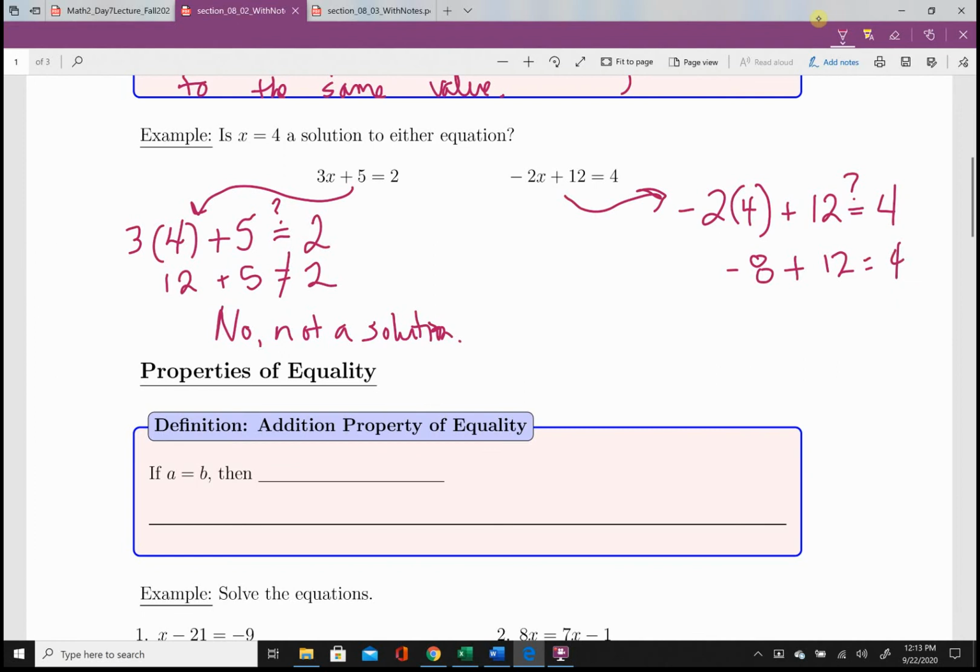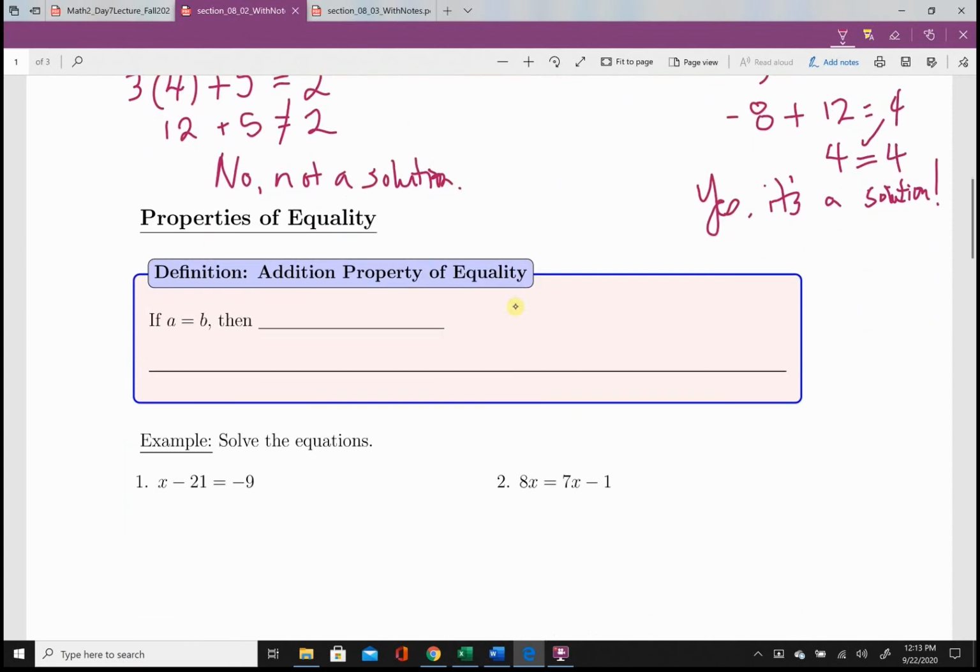Do these end up equaling each other? Yes, they do, because when you take negative 8 and add it to 12, you get a positive 4. So yes. Cha-ching, check, check on that one. So we would say yes, it's a solution. And maybe you're really excited about it, so you put an exclamation point at the end there. Totally optional.